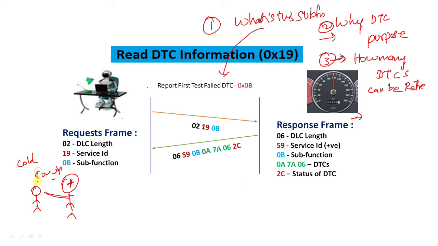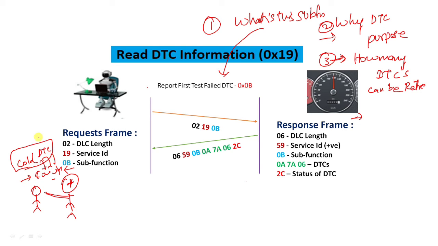So the first test failed DTC is the cold, and then the cough. That means if you keep trying to fix the cough, the issue will not be fixed, because the cold is the root cause. It will keep giving you the cough, even if you keep taking medicine for the cough.